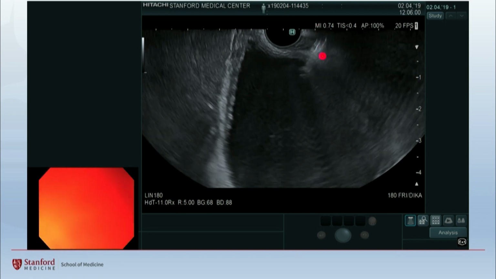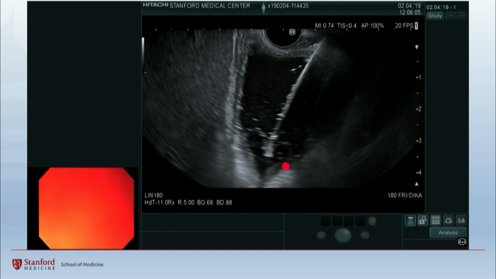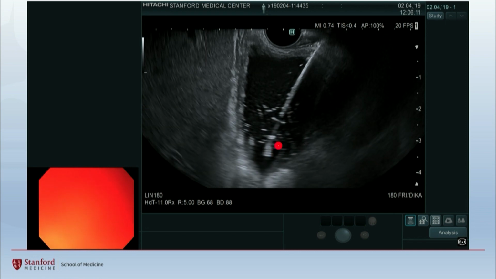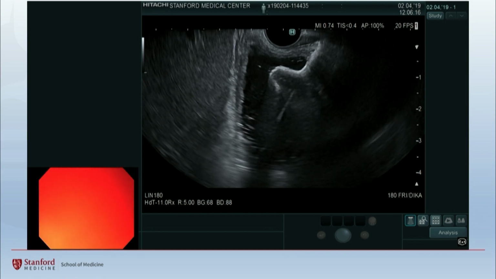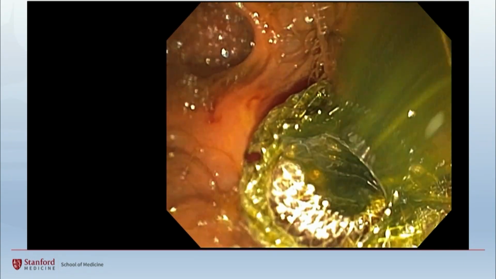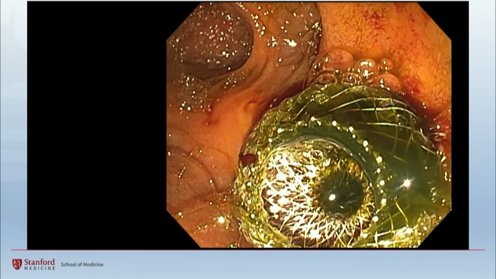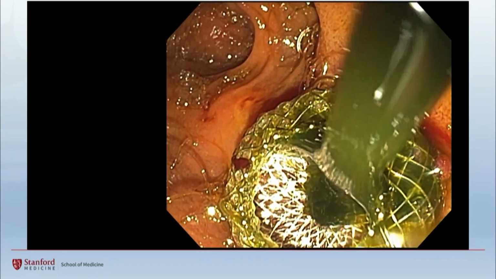This is the advancement of the stent and then deployment of the distal flange inside the gallbladder lumen, and then pulling the distal flange towards the wall, and eventually deploying the proximal part of the stent into the duodenal bulb wall, and then drainage of bile with some streaks of pus.